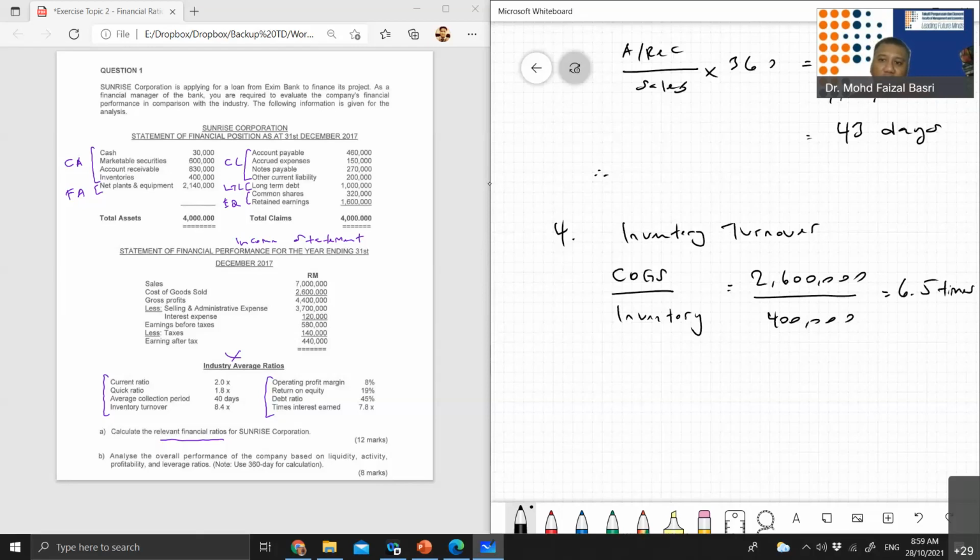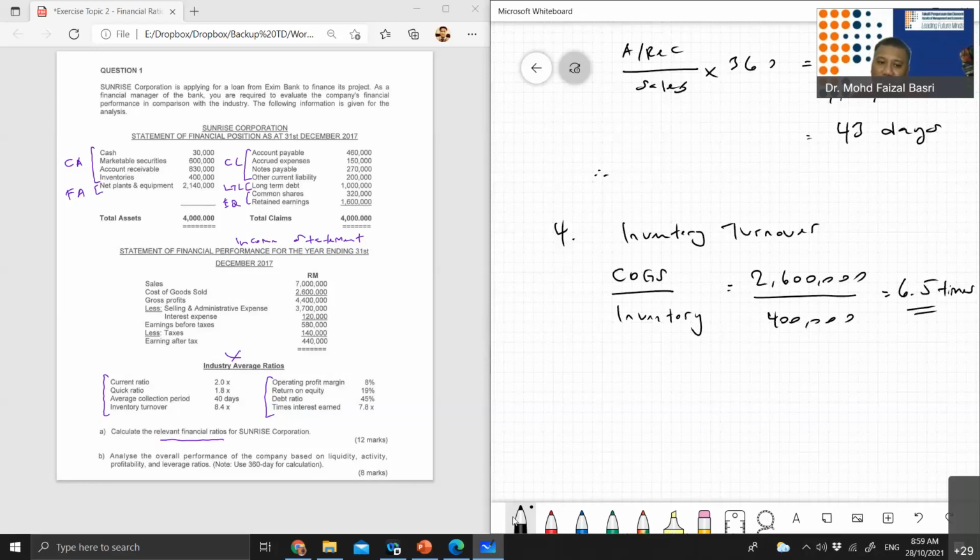Again, when we talk about turnover, the higher the ratio, the better. Right, so once more, the company, which is the Sunrise Corporation, has worse ability ataupun less ability as compared to the industry average. So 6.5 against 8.4, obviously, their performance is worse as compared to the industry average.